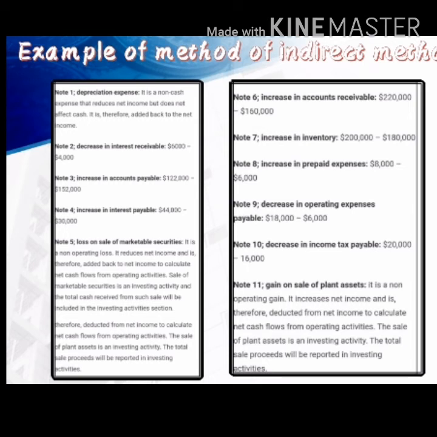That is not $6,000 because that's the result of the increase in prepaid expense. So again, I repeat, $8,000 minus $2,000 is equal to the total of the increase in prepaid expenses, which is $6,000.